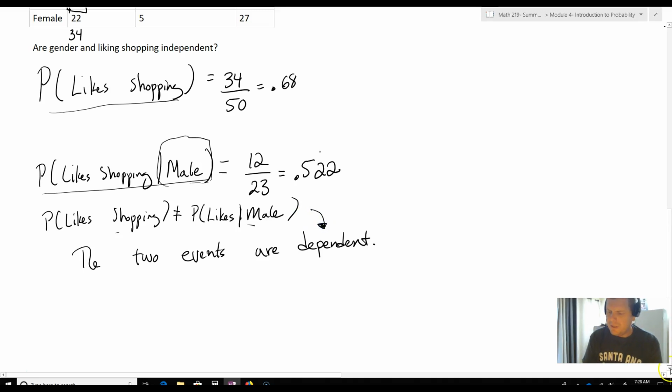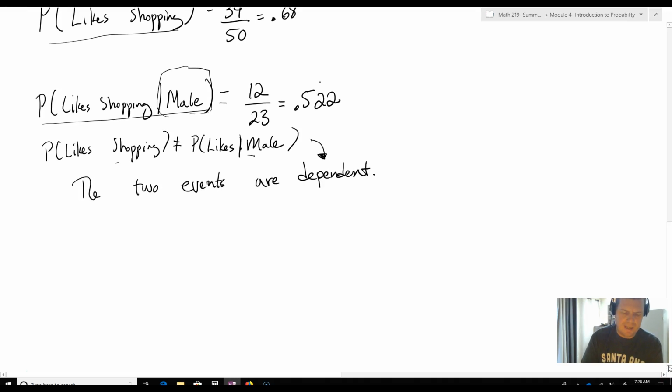So, let's take a look at a rundown of these events. One, how do we find whether they're independent or dependent? Find the probability of event B without the condition.